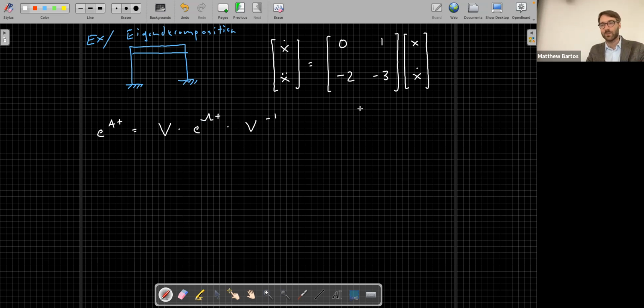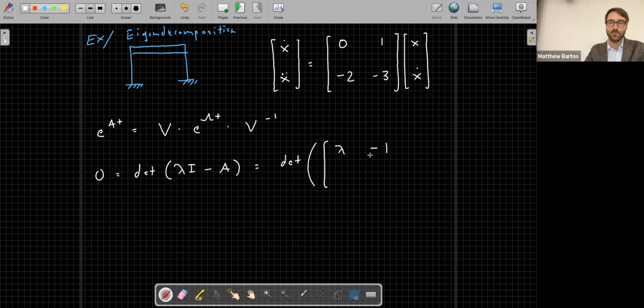Let's go ahead and just recompute the eigenvalues again, just for practice. How do we compute the eigenvalues? We can do 0 is equal to the determinant of lambda I minus A. This is the determinant of [[lambda, -1], [2, lambda plus 3]].